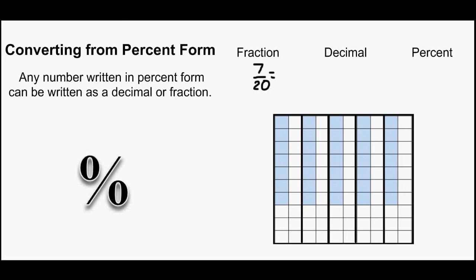First, we'll take our fraction 7/20ths and write an equivalent fraction with a denominator of 100. 20 times 5 is 100. 7 times 5 is 35. Remember, the percent literally means per 100. So now we may write 35 per 100 as 35%.